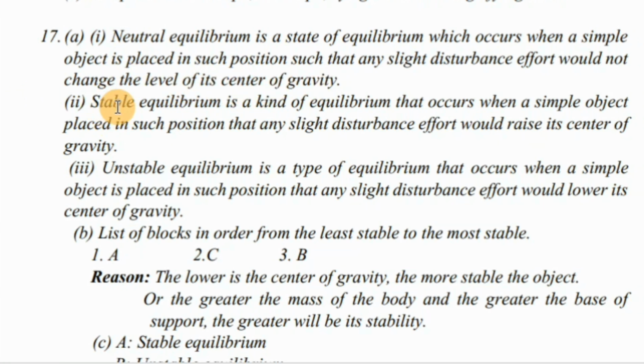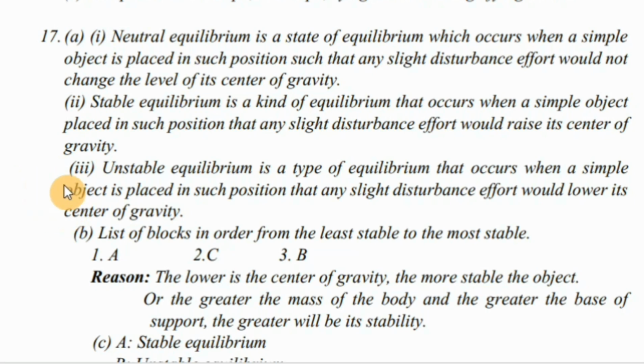Stable equilibrium is the kind of equilibrium that occurs when a simple object is placed in such a position that any slight disturbance will raise its center of gravity. And unstable is the type of equilibrium that occurs when a simple object is placed in such a position that any slight effort will lower its center of gravity.